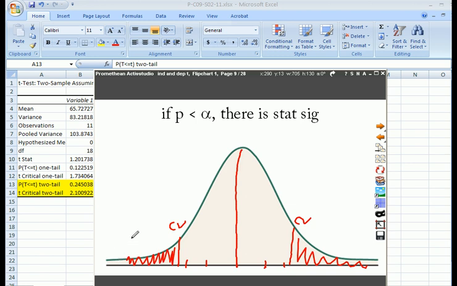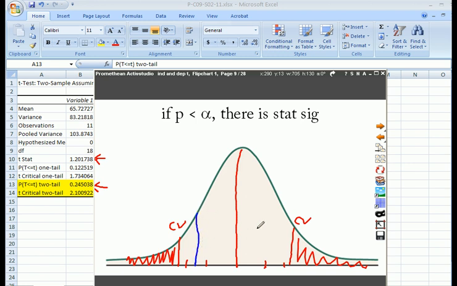When we go to our actual data printout, we found our t-statistic was 1.20. The p-value that goes with that is 0.245. So how does that fall in the picture? 1.2 we found to be right here.